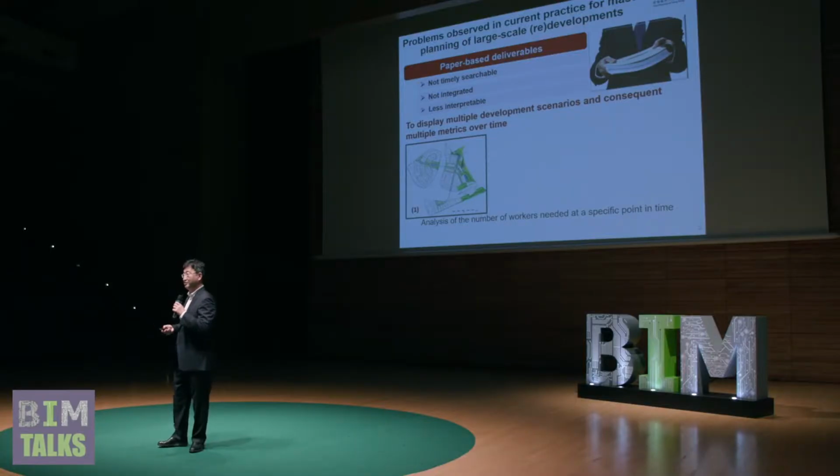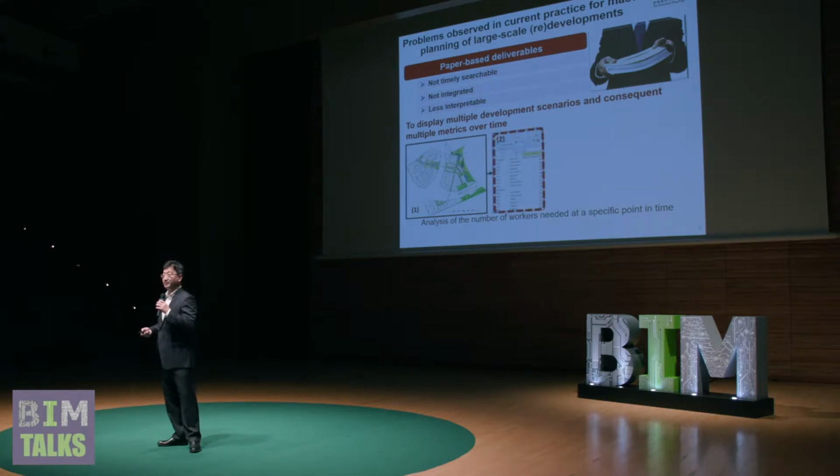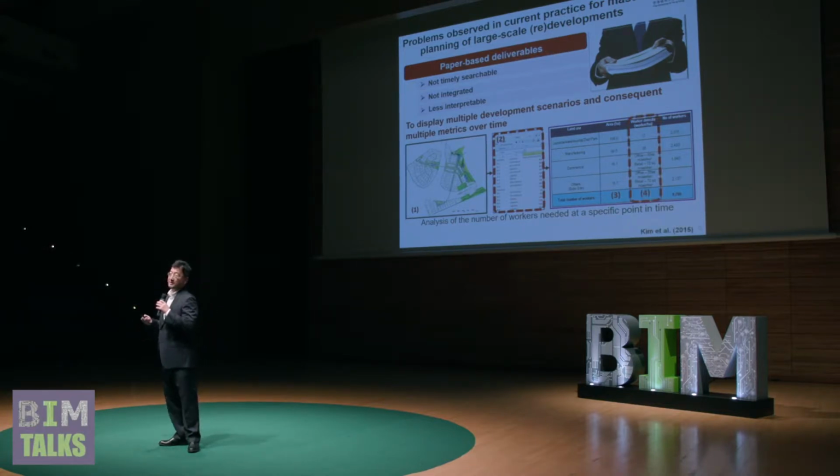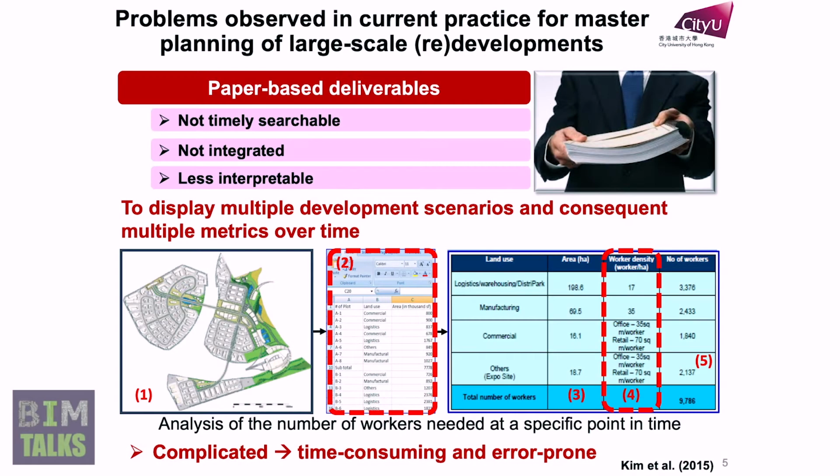But this is not that easy. To follow our manual process, the first thing we have to do is extract area information for each plot from our design. Then we have to accumulate that into the different land uses, and then using specific coefficients, finally we can figure out specific performance metrics.